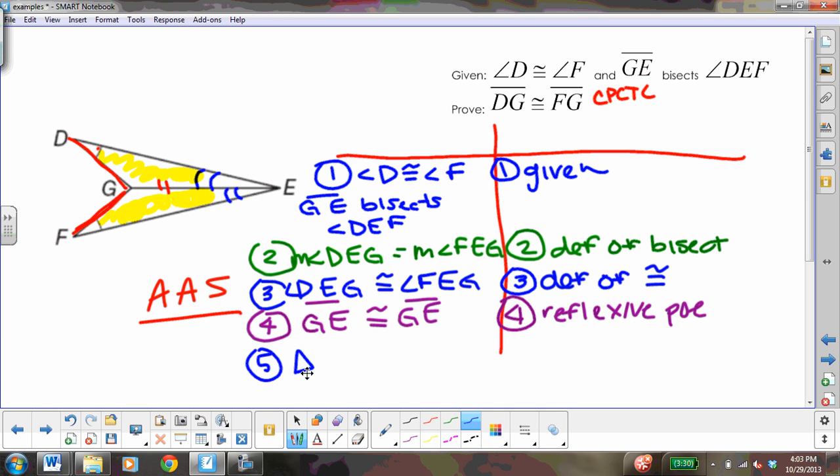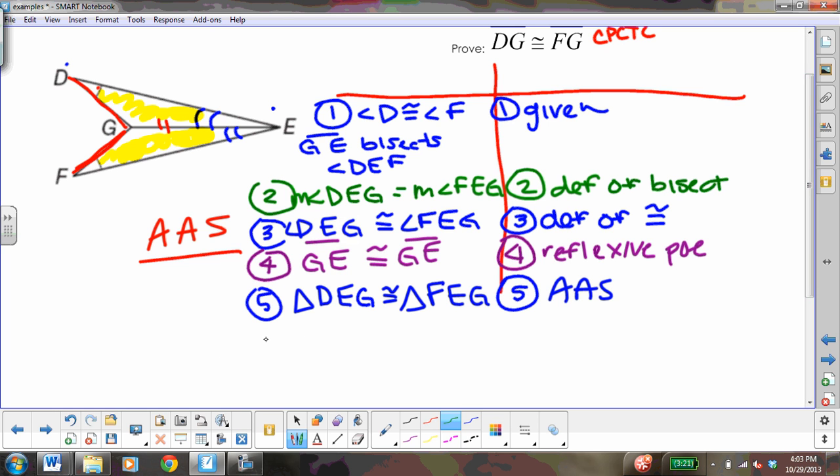Again, paying attention to the fact that I need to name them in the correct order. So I'll say DEG is congruent to triangle FEG because of angle side.